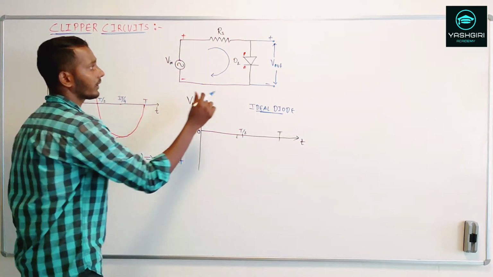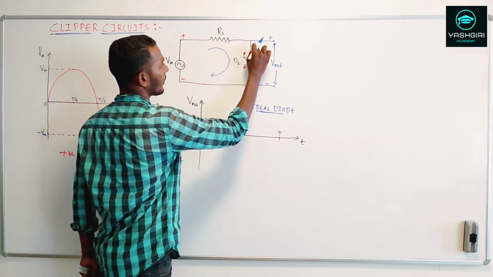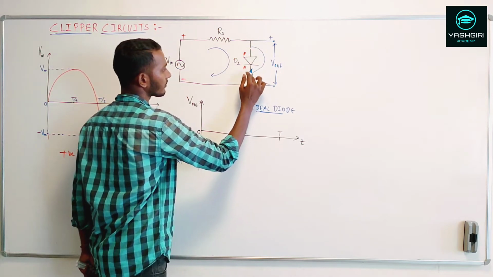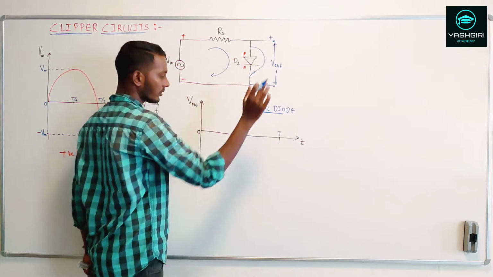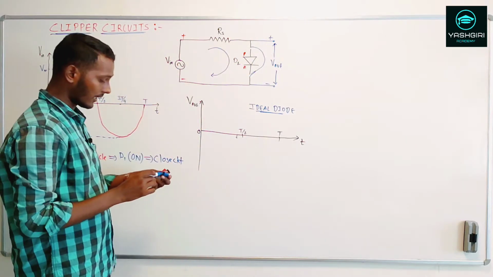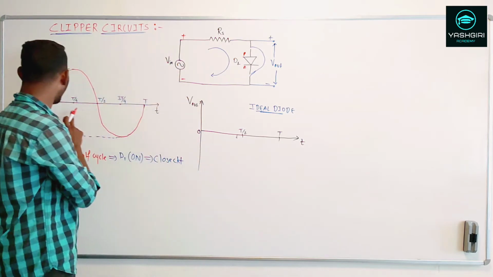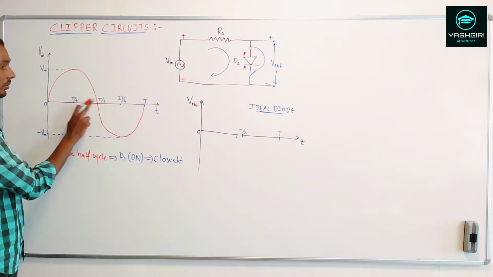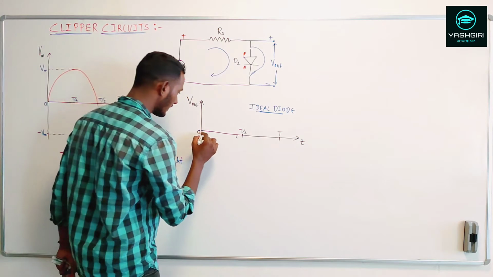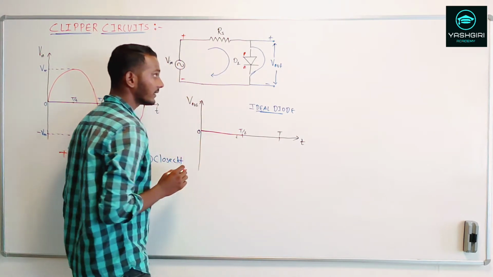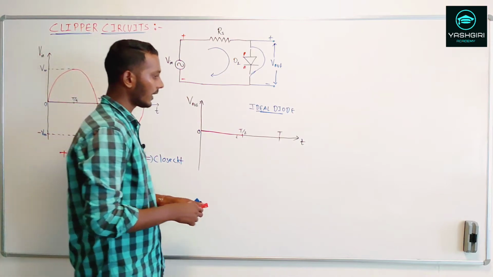You can just imagine a wire shorted something like this. If you measure the V out, it is going to be 0, almost a flat line, for this entire time period from 0 to T by 2. What you will see is that the output is just a flat line up till T by 2.